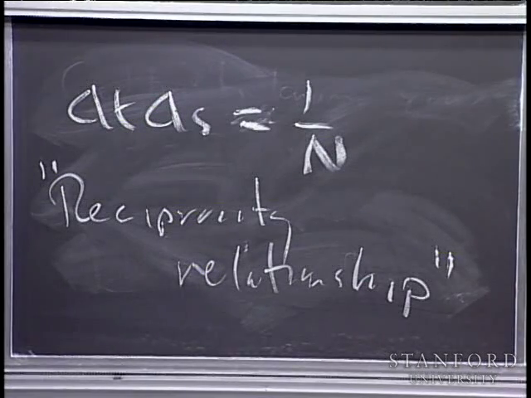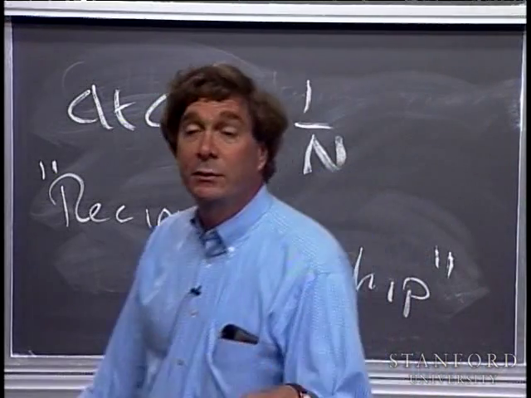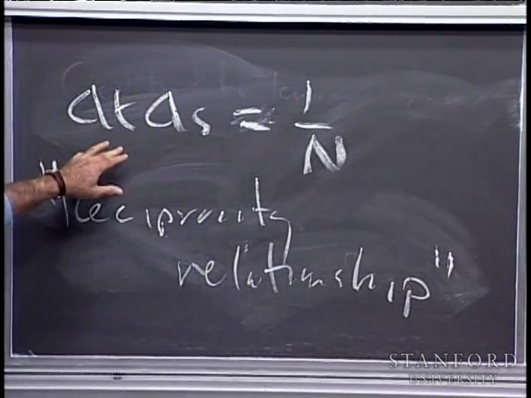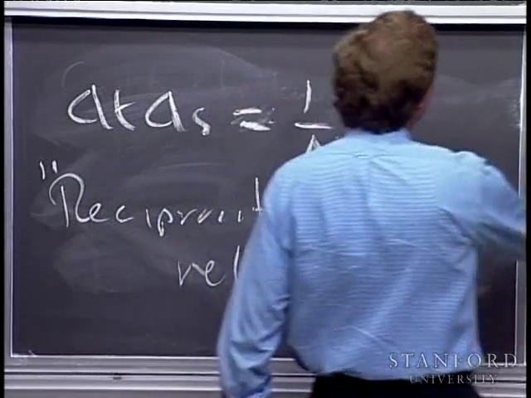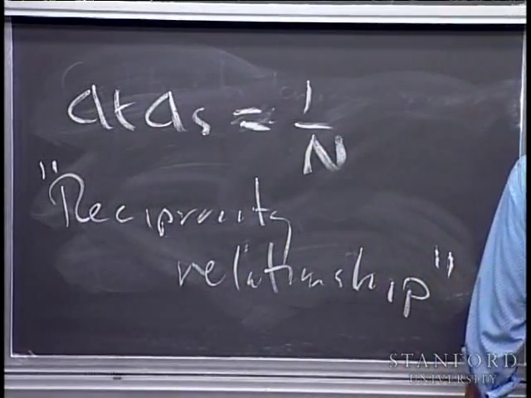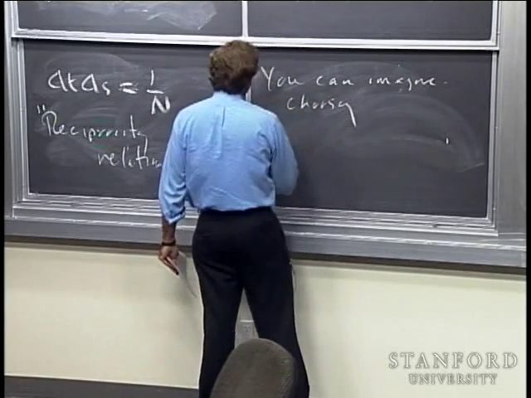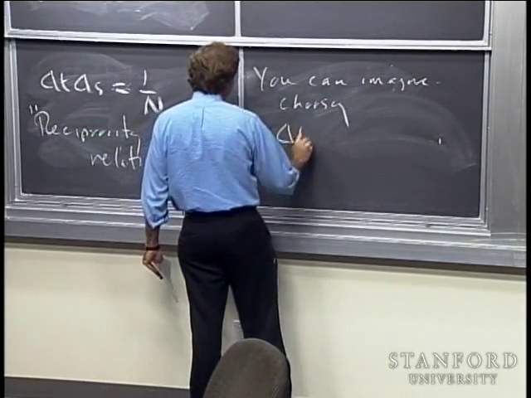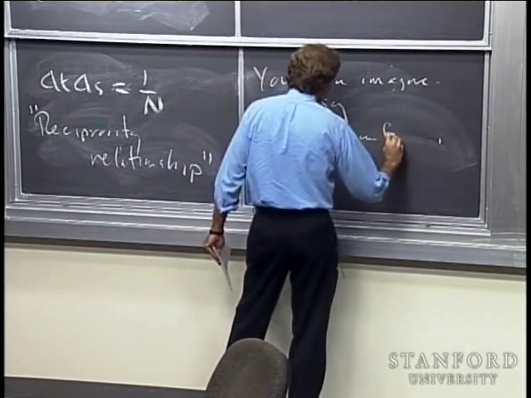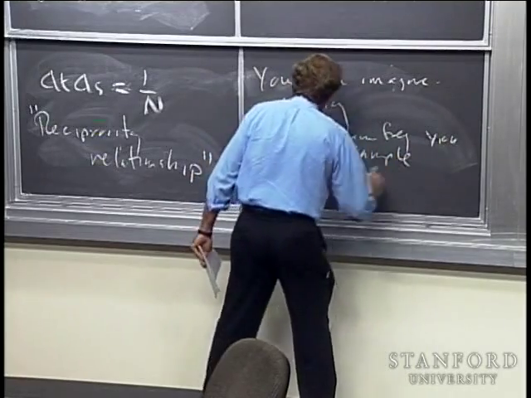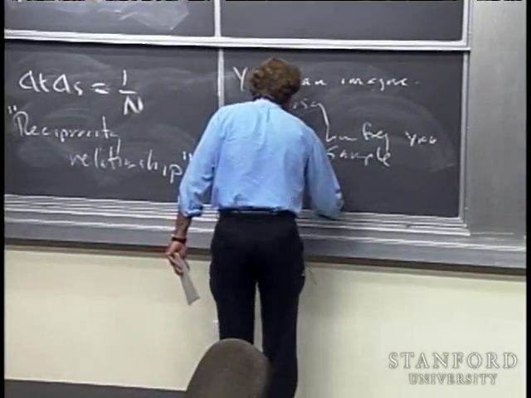Well, you can imagine choosing how frequently you sample, that's the delta t, with a sampling rate, and how many samples you take, which is n.